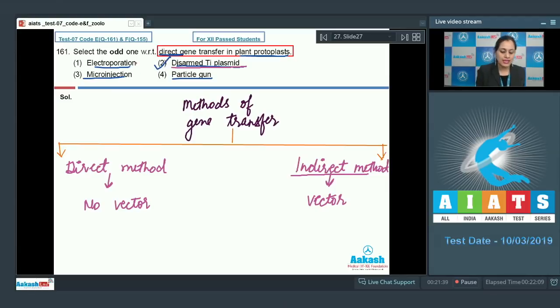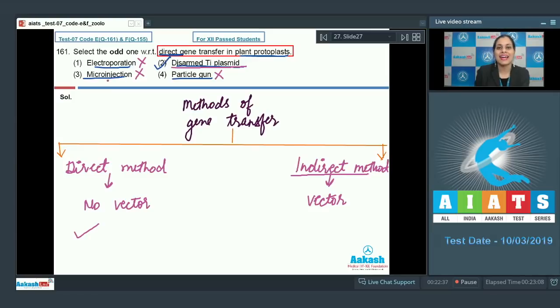Whereas the rest of the options, electroporation, microinjection and particle gun, are the incorrect options because these are direct methods of gene transfer. In electroporation, short electrical impulses of high field strength are given to the target host cells. In microinjection, recombinant DNA is directly inserted into the nucleus of an animal cell.